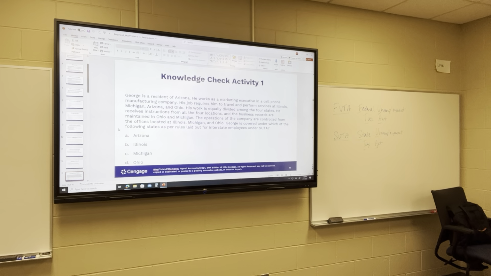George is covered under which of the following states as per the rules laid out for interstate employees under SUDA? His job requires him to travel, all 4 of those, equally divided. Business records are maintained in Ohio and Michigan.